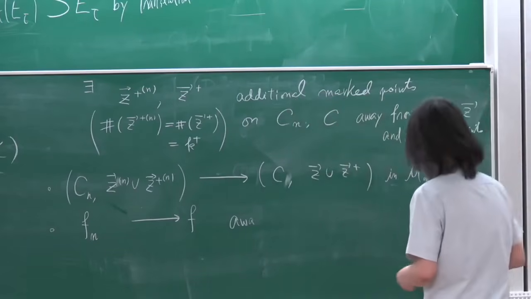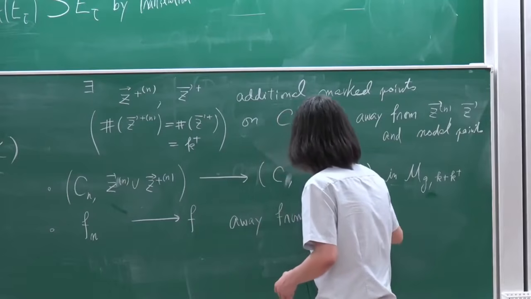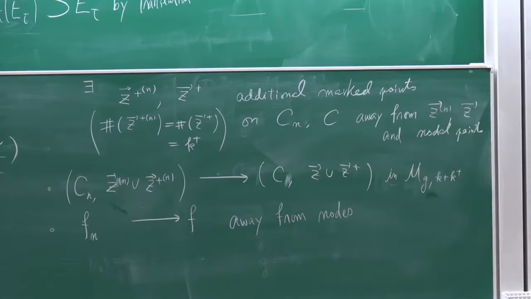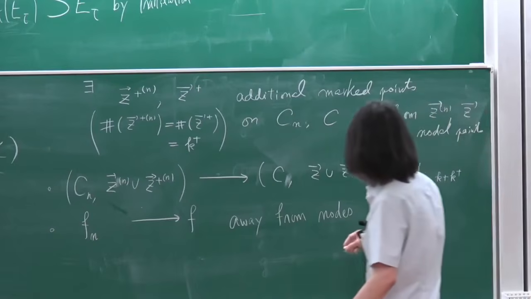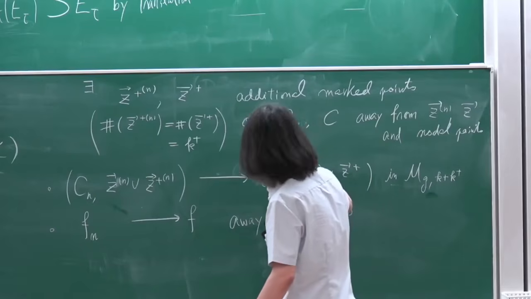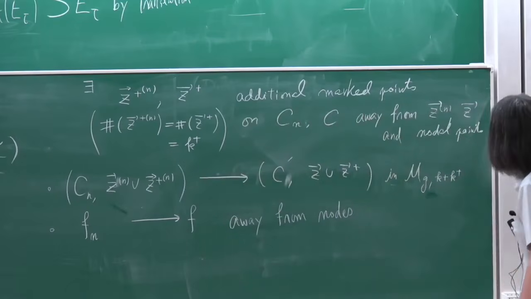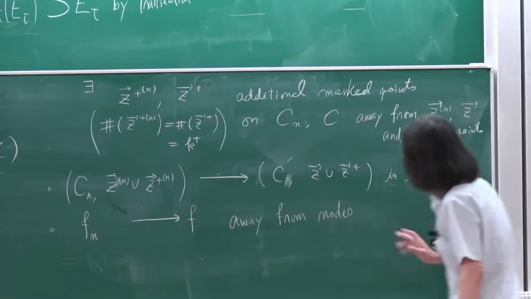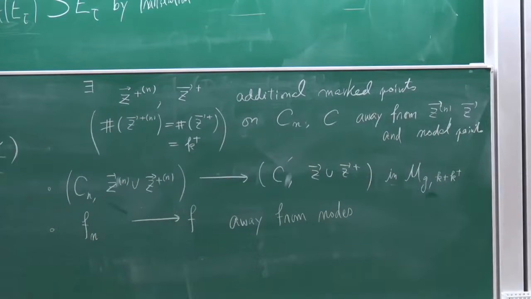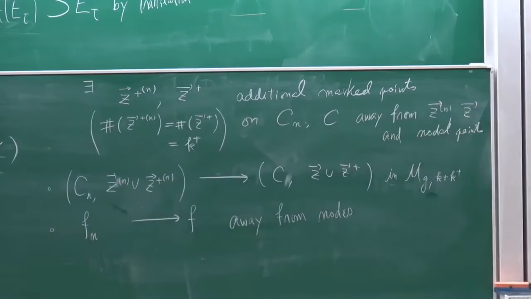Maybe I have to write it as a different one first. Maybe a different one. Okay, so C prime. Yeah, maybe for simplicity, I just assume this. I will mention this a little bit later. So okay, away from nodes.